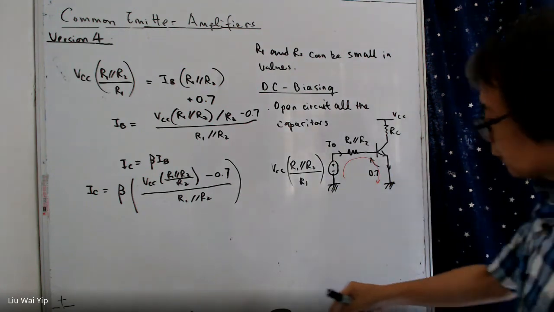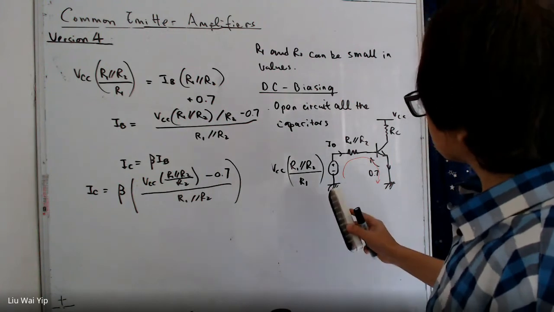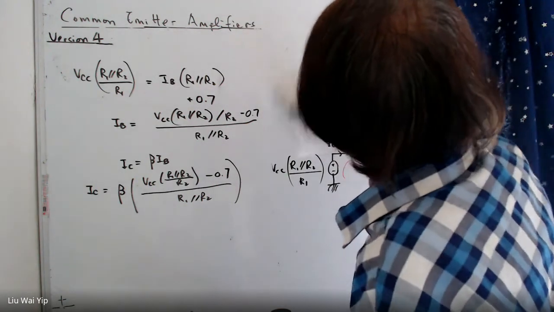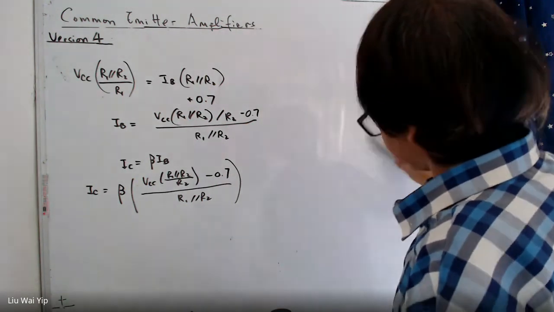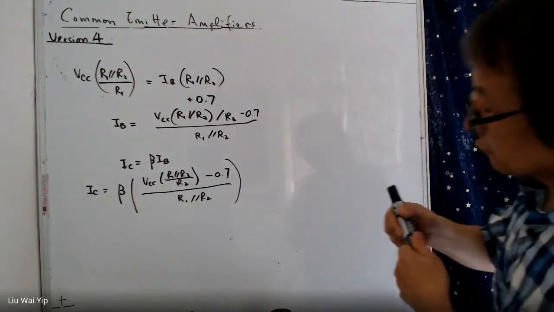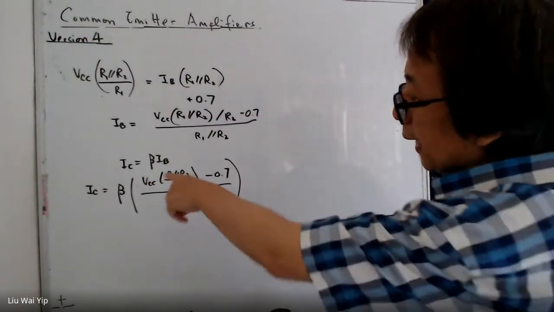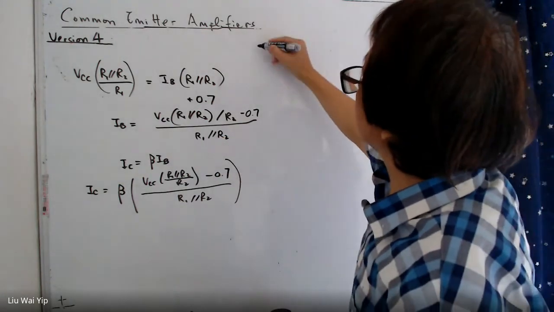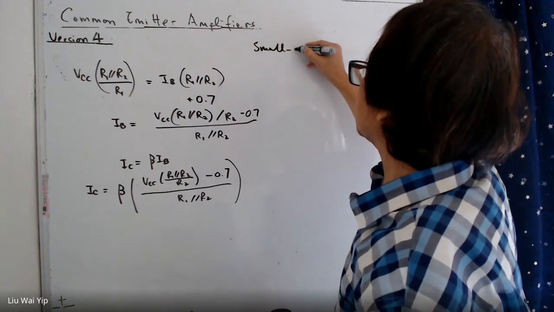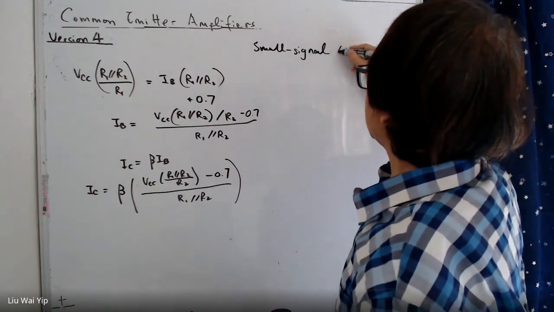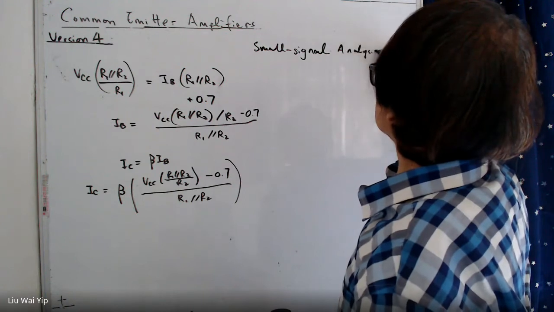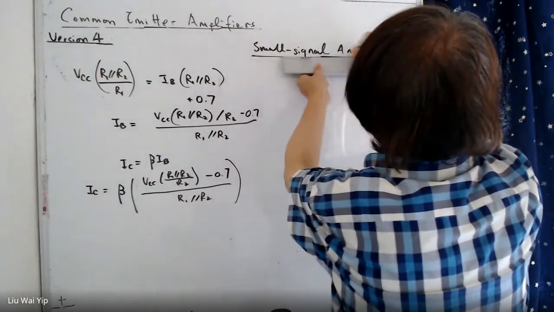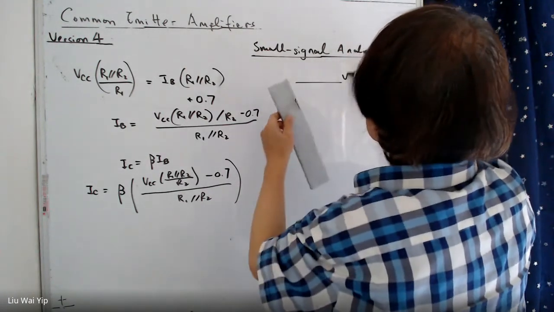And again, we can just rewrite the circuit. And we are going to use IC to do the small signal analysis. And the circuit is here. VCC.